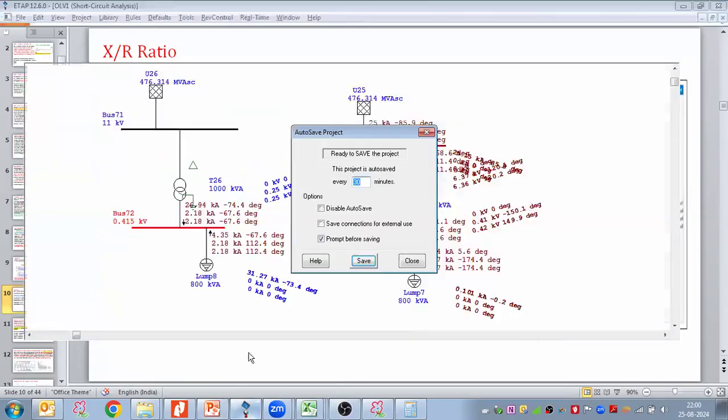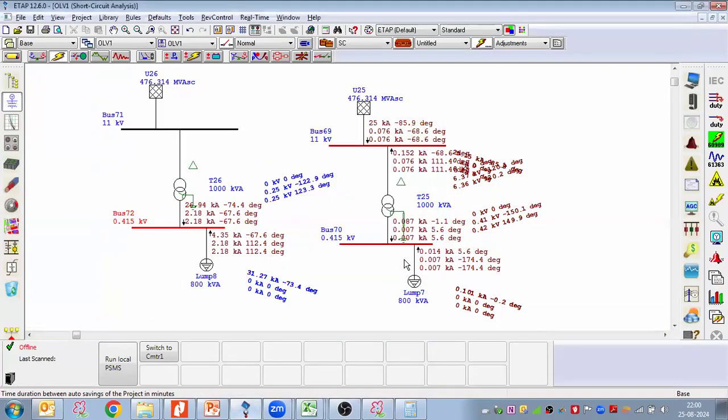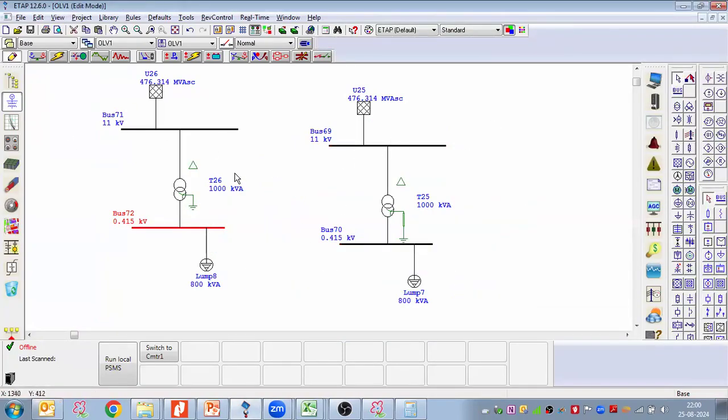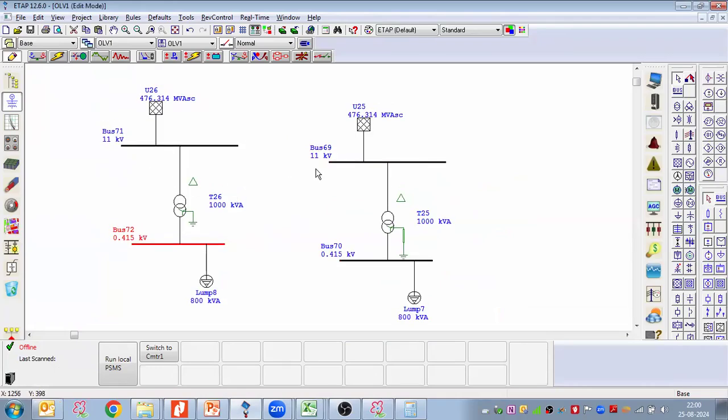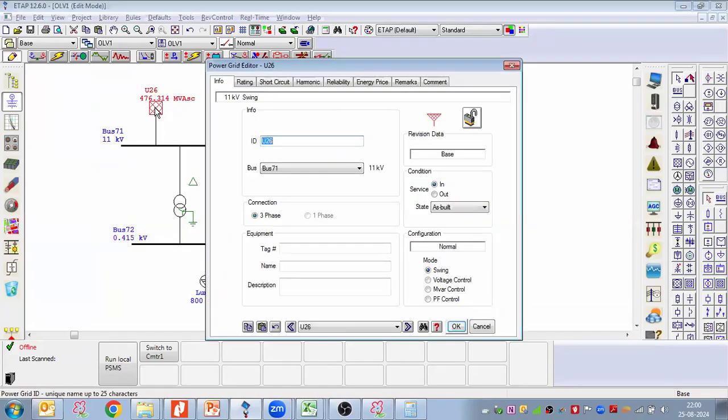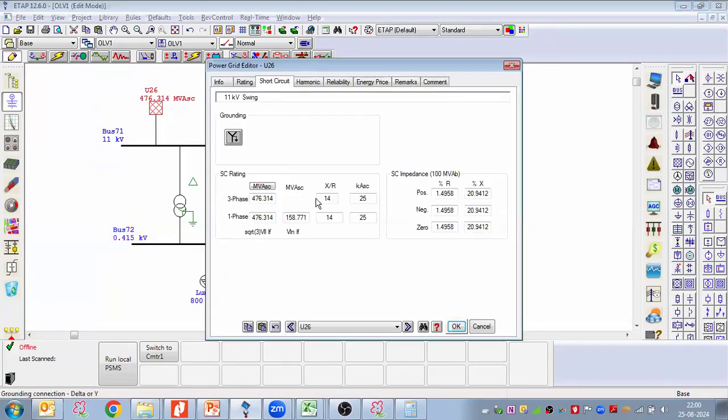Now, the same thing you can also do in ETAP. I'm taking the same kind of system, with bus 71 and bus 69. Here I'm taking the grid. This grid X by R I took 14.